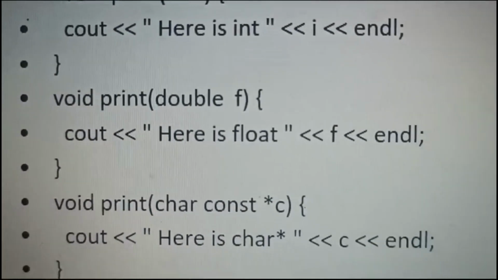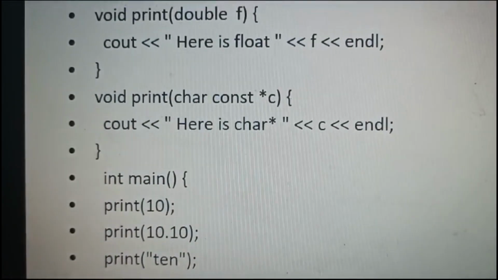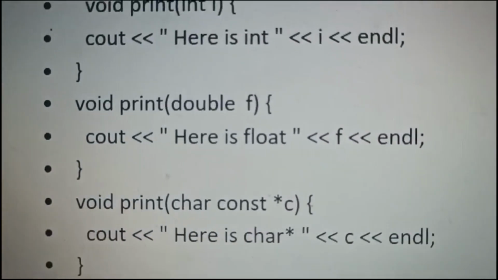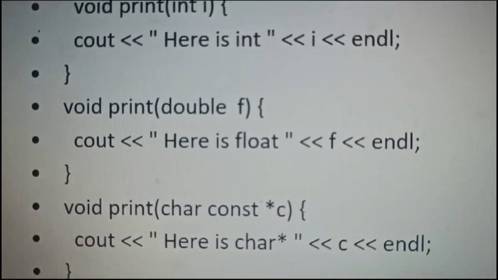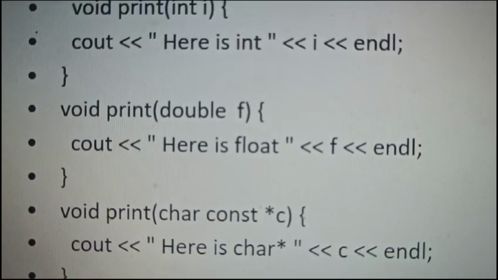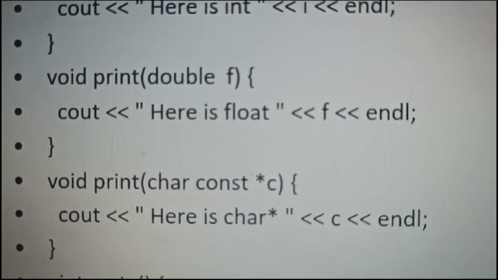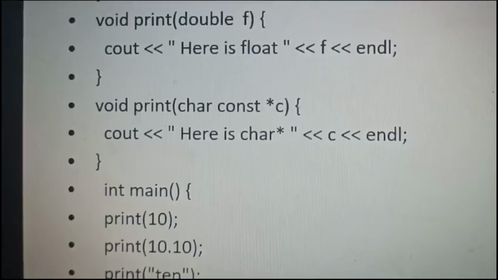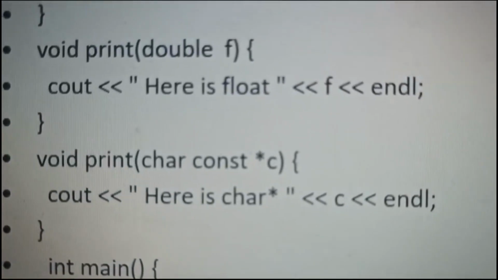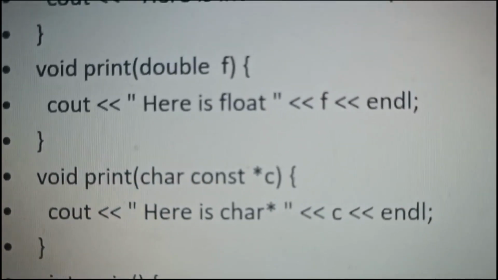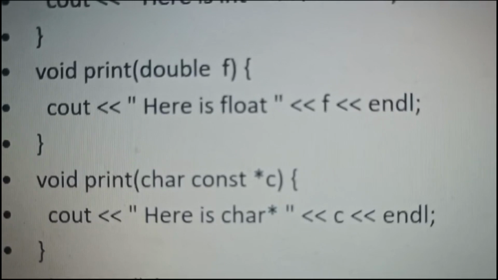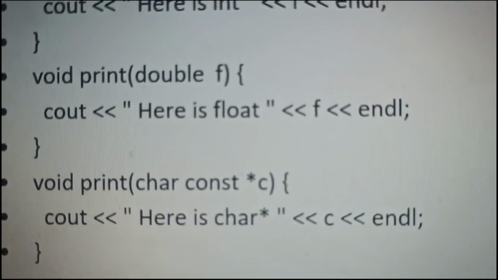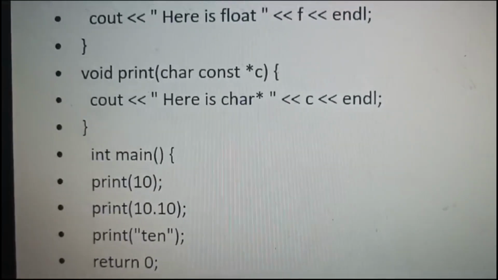Here we have passed 10.10, so we get the value 10.10 as the cout float value. Then again the print function, where we are passing 10 and the function takes the value as a character value, so we get the output 10 as a character value.